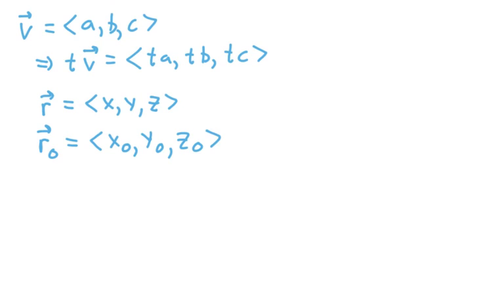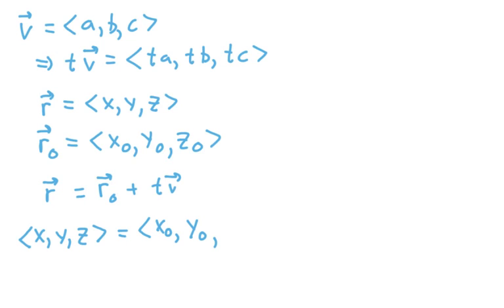Now, remember that r, the vector form of a line, is equal to r naught plus tv. So I'm going to make some substitutions. r is (x, y, z), and r naught is (x naught, y naught, z naught), plus tv, which is (ta, tb, tc).